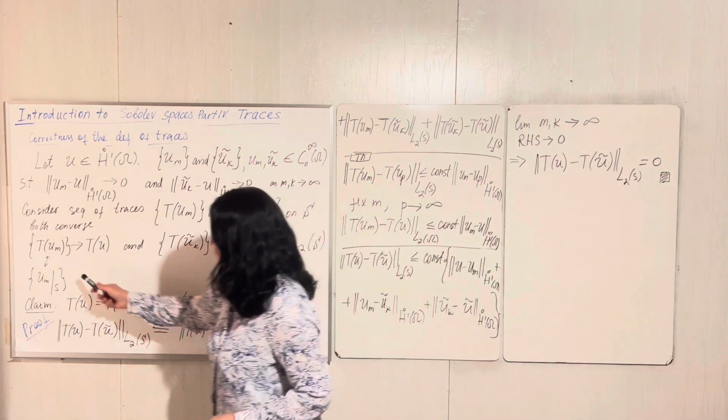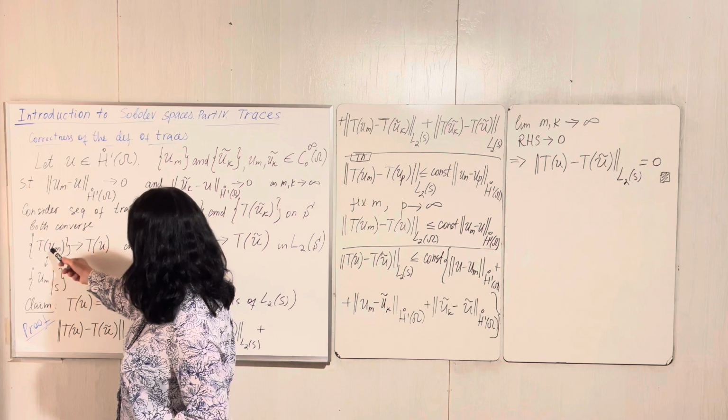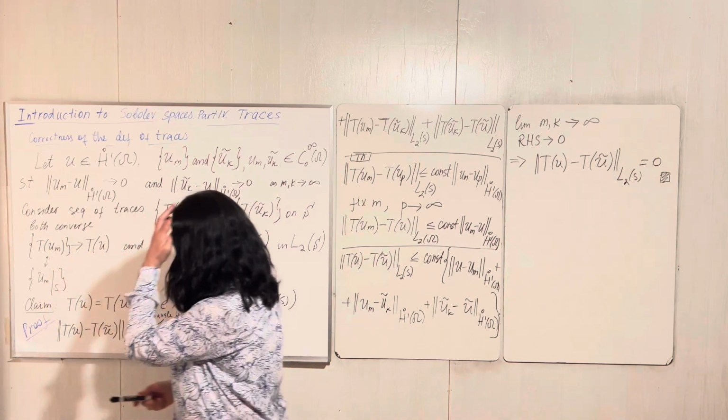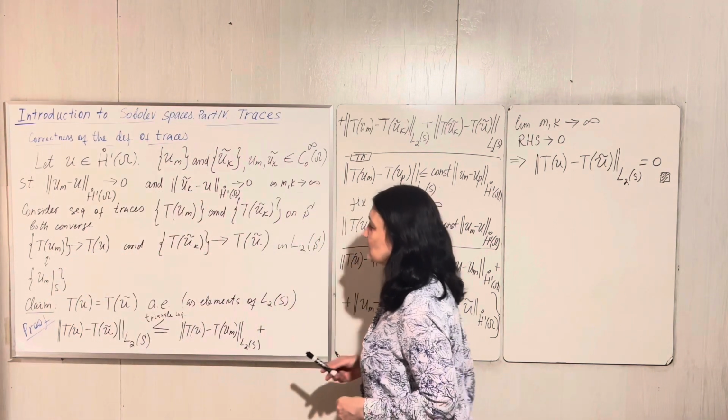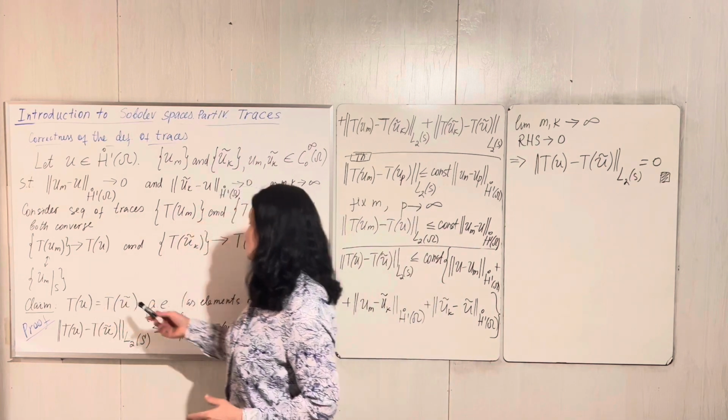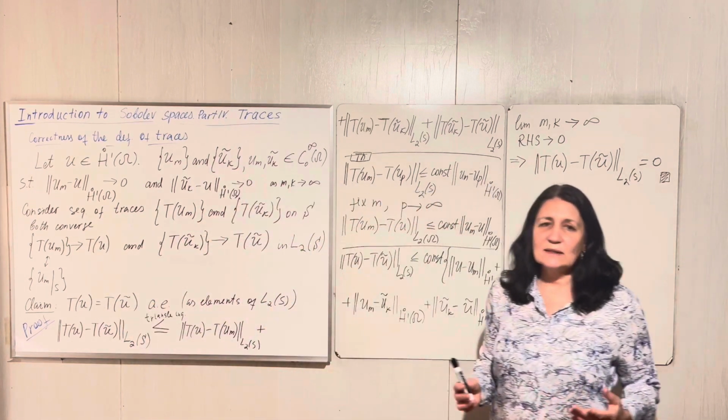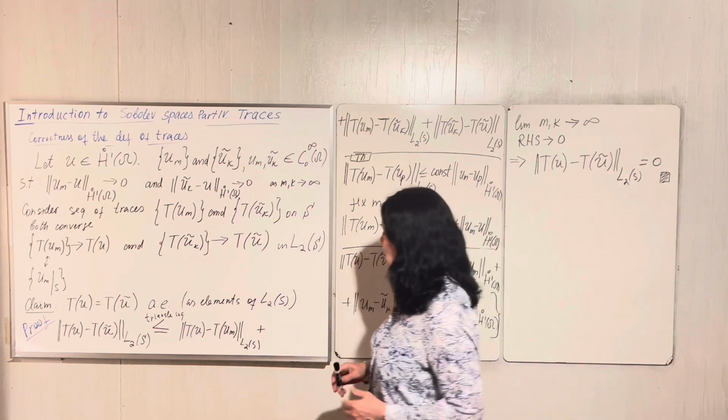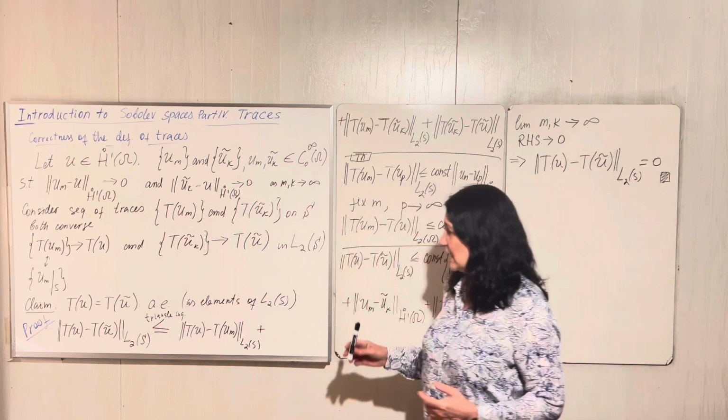And here I just wrote another notation just for you to remember that we use different notations. So our claim is that Tu and Tu tilde coincide almost everywhere, so as elements of L2 on S.